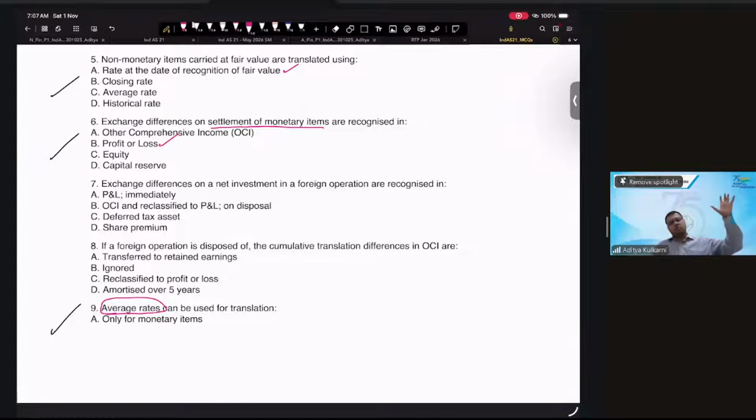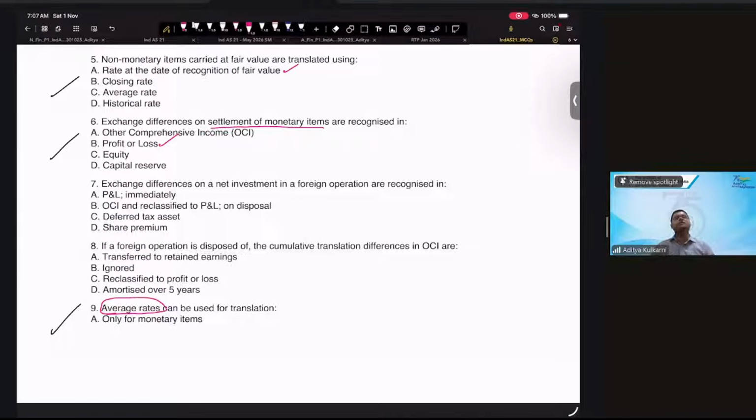Average rate means throughout the year how your currency has been moving, you take an average rate of that. Typically sometimes how we do is we take the rates of each and every day and then average it out over the number of days. So that will give you the average rate for that particular period. If you're doing it on a monthly basis, for the month, all the days divided by number of days.